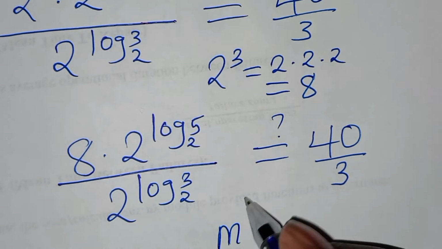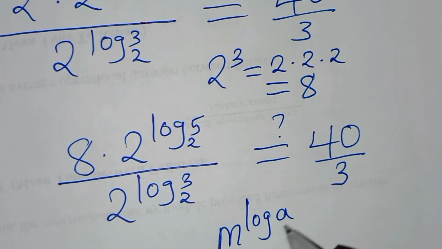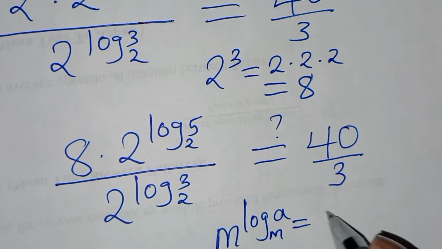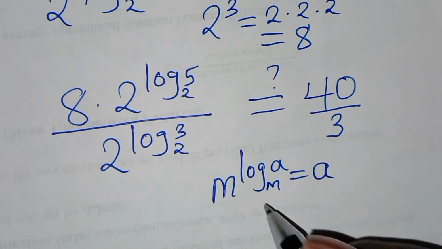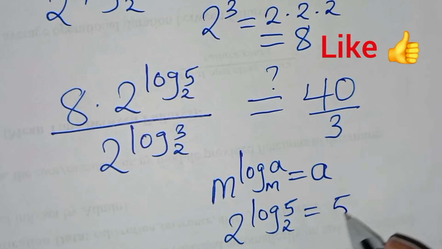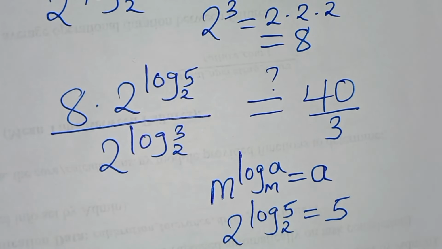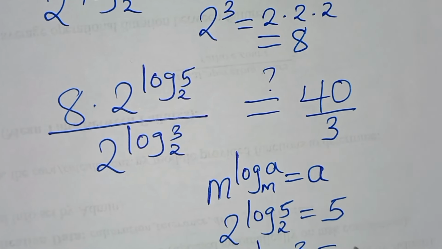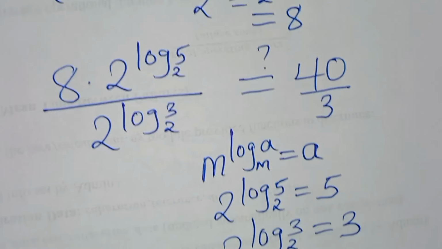This is in the form of m to power of log a to base m, which essentially is supposed to give us a value of a. So 2 to power of log 5 to base 2, this is the same thing as 5. And 2 to power of log 3 to base 2, this is the same thing as 3. So let's substitute this.